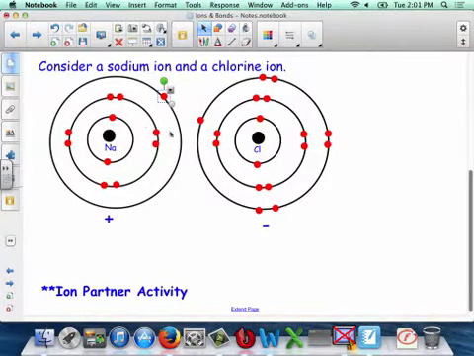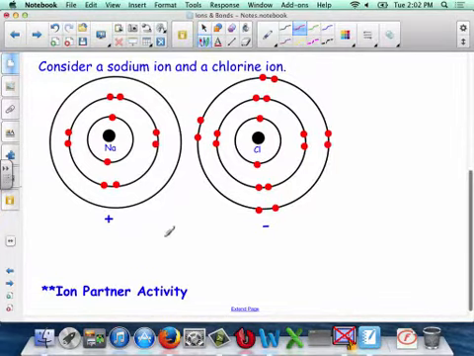Why don't you give me your little guy on the outside? So it goes way over here. And now the two have bonded. Notice that what sodium did is actually give it away. It's not sharing the electron, it is literally giving it away, completely leaving the sodium atom. And that is what we call an ionic bond.